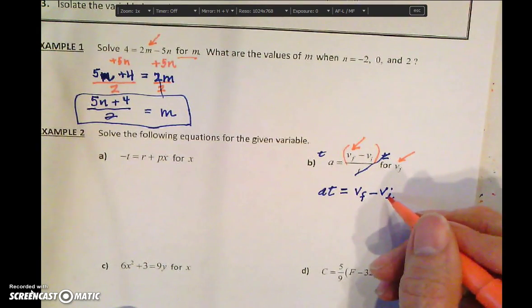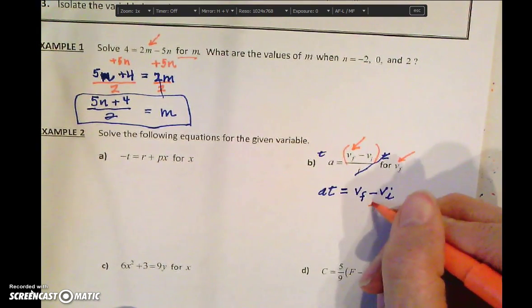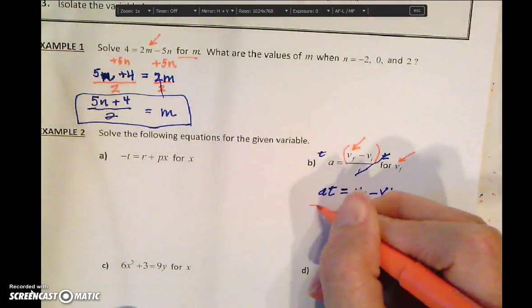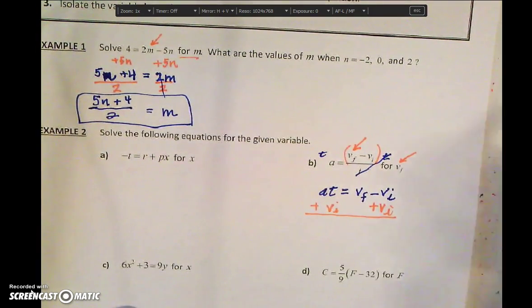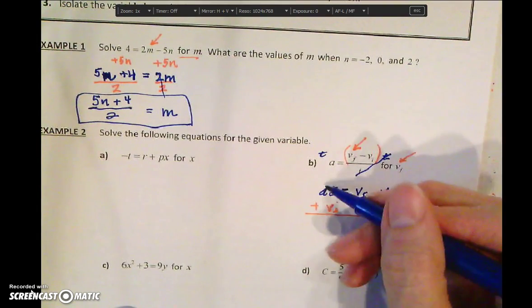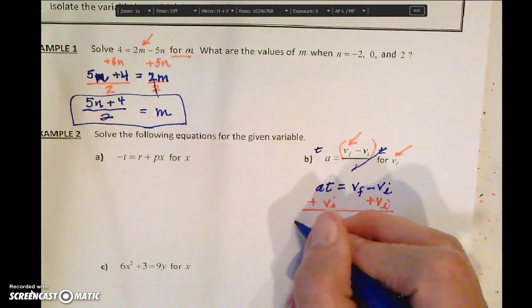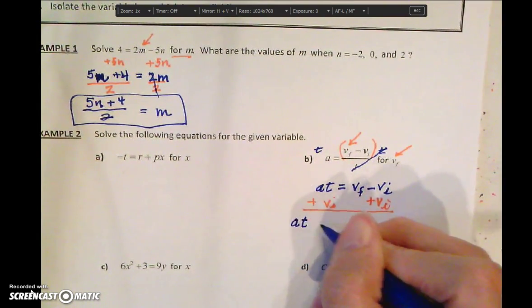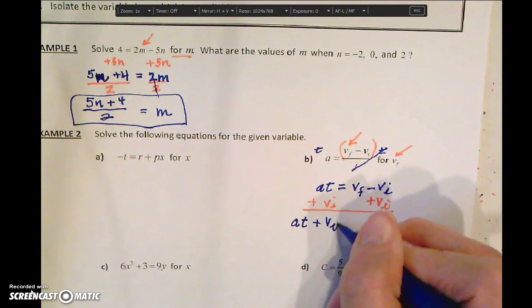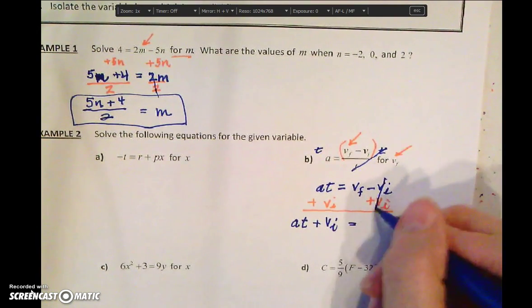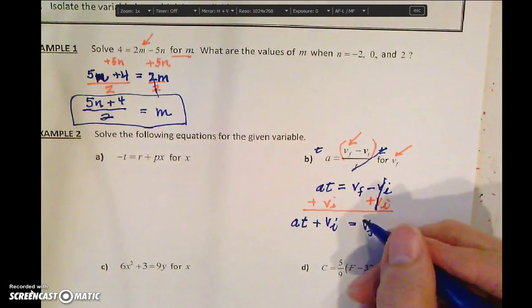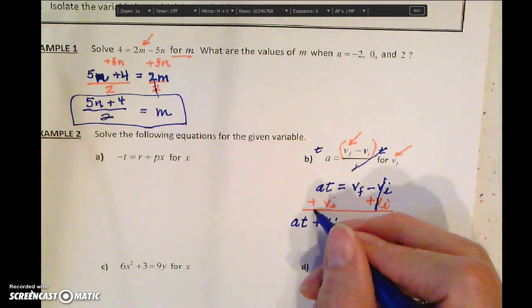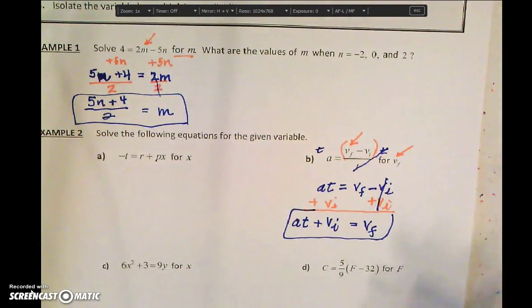Since it's subtracted, to undo it I'm going to add it to both sides. Now none of these are like terms, so I can't combine anything. So I have a times t plus V sub i is equal to V sub f. And now I have it solved. I know what V sub f is equal to in terms of the other two variables.